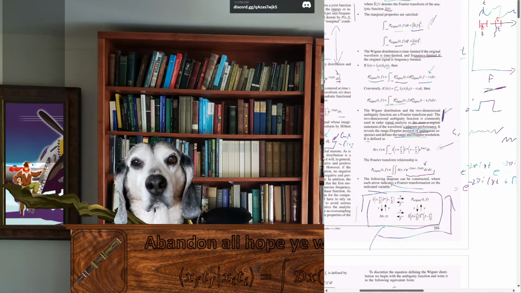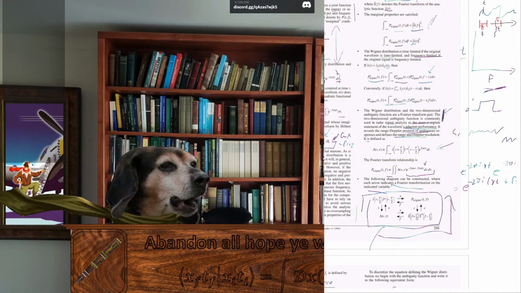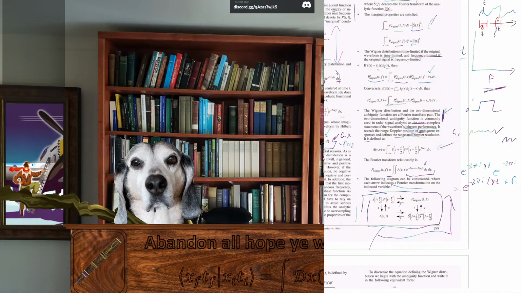So we just transformed from the time of us sliding across to the frequency of us sliding across, right? So 1 over time. You can always transform between the two using the Fourier transform. So it's saying that, of course, the Wigner function is transformable in that way.